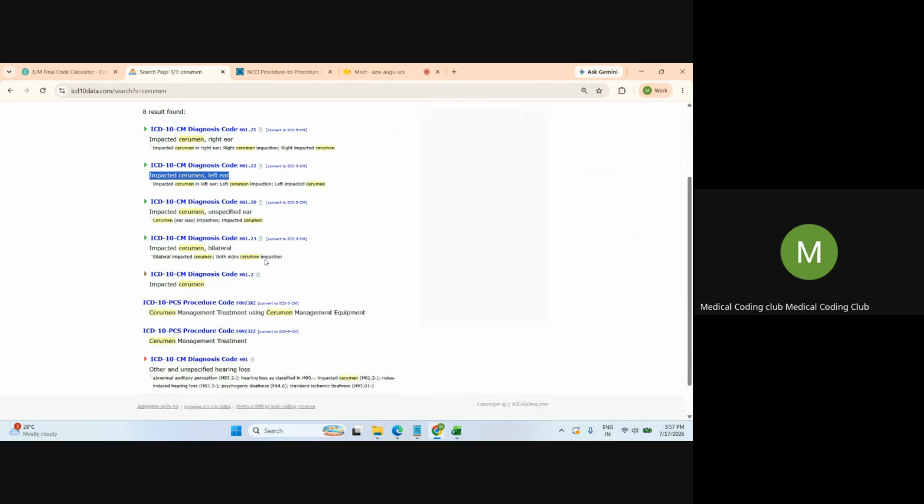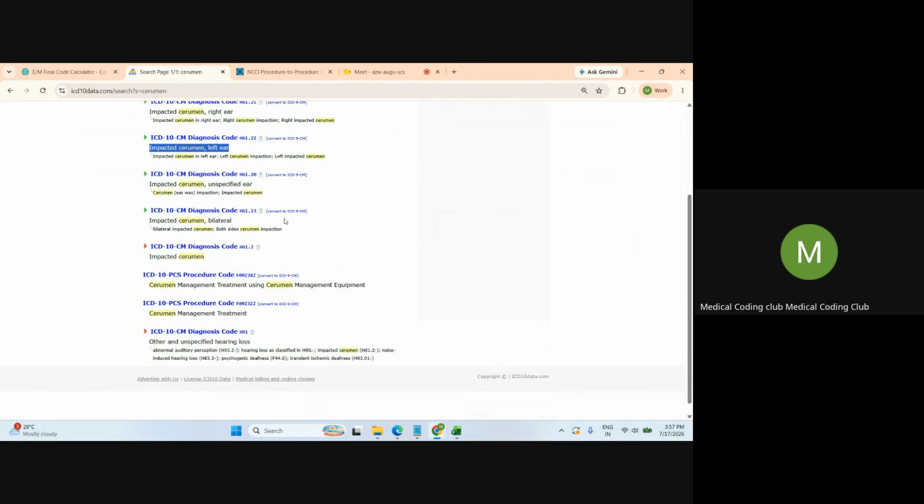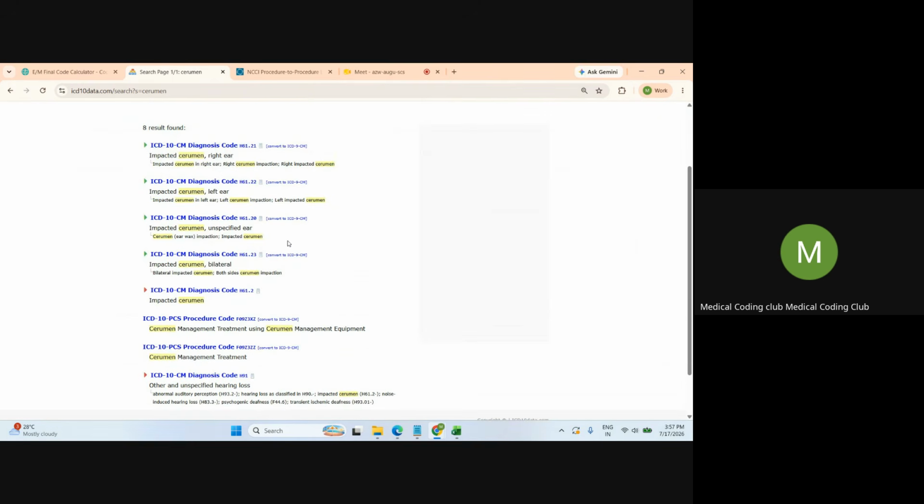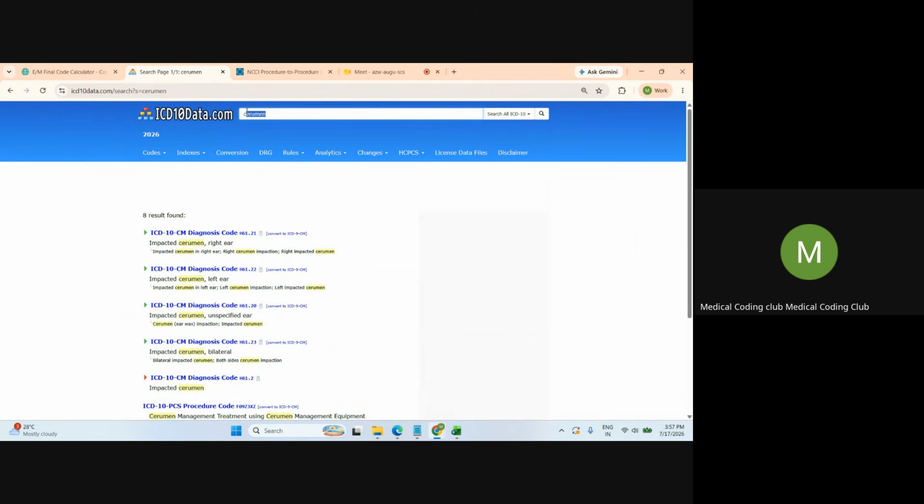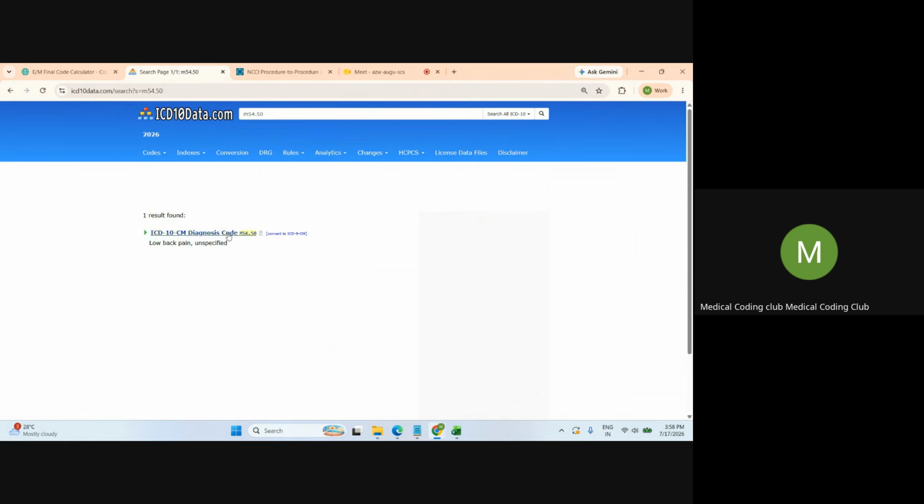But we have bilateral impacted cerumen. So when we have a bilateral code, and our documentation is also for bilateral, you should not split and code them as right and left ear. You should always go with the bilateral code. H6123 will be coded. And for low back pain unspecified, M5450 will be coded. These are the diagnosis codes.